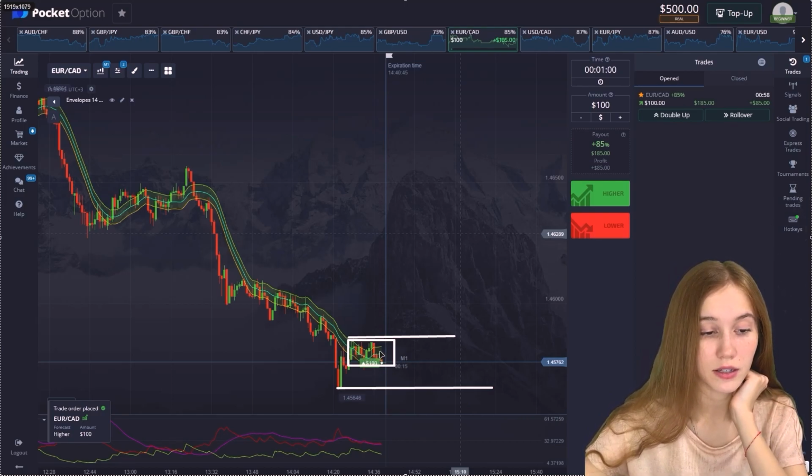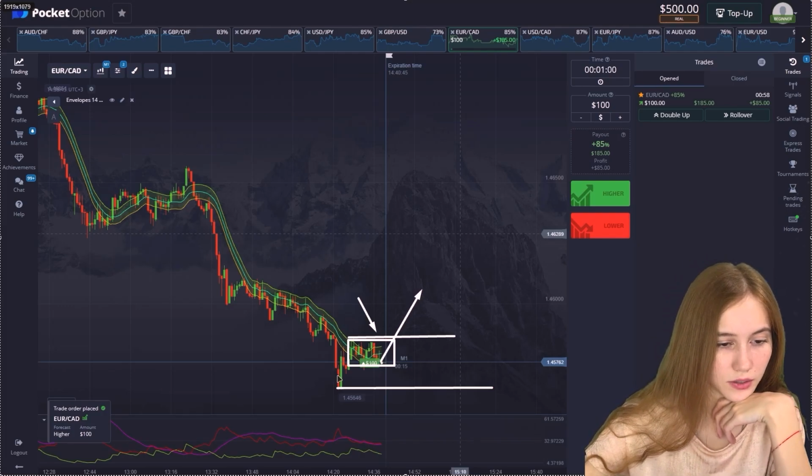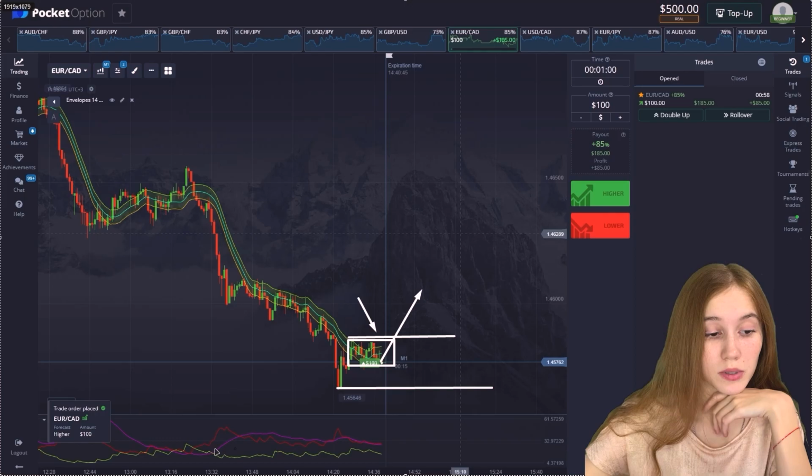We see this, and it's logical and simple. Next to the candles, we see what situation is here. So it's okay. What we see next? We see, I think it will grow. Let's move on.